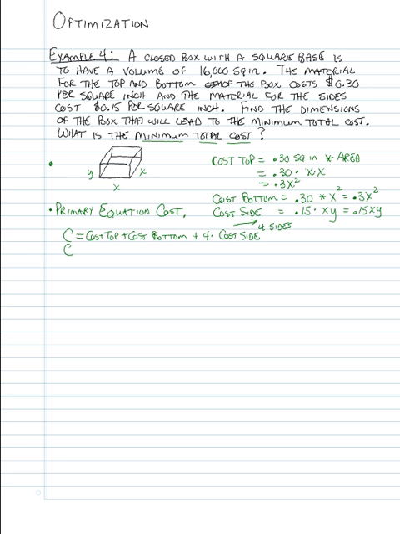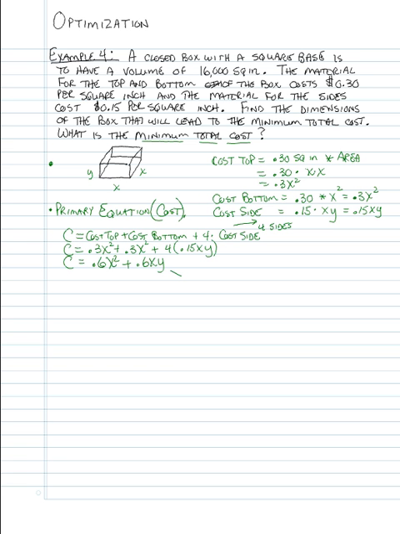As we put these pieces together, the top costs 0.3x squared, the bottom costs 0.3x squared, and 4 times the cost of a side, and the cost of a side is 0.15xy. As we simplify that, 0.3 plus 0.3 is 0.6x squared, and 4 times 0.15 is 0.6xy. So there is our primary equation, a cost equation.